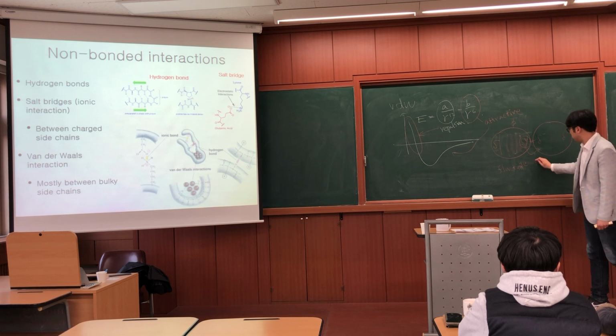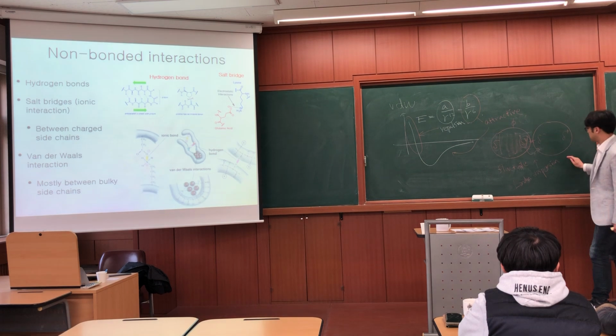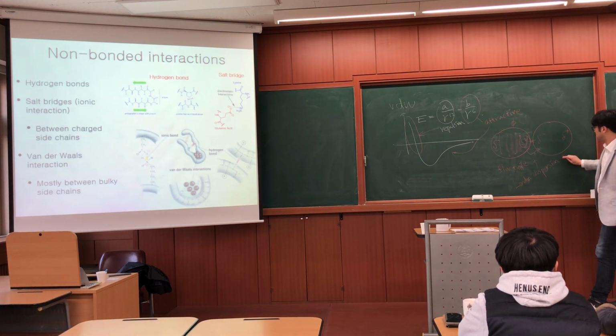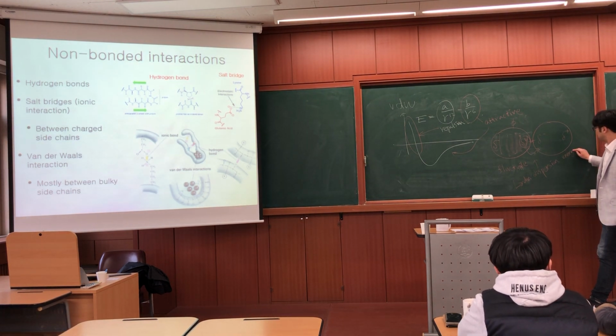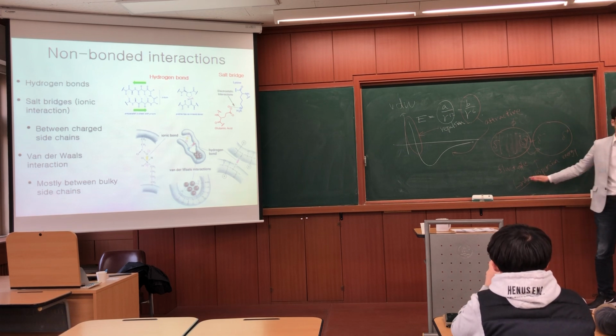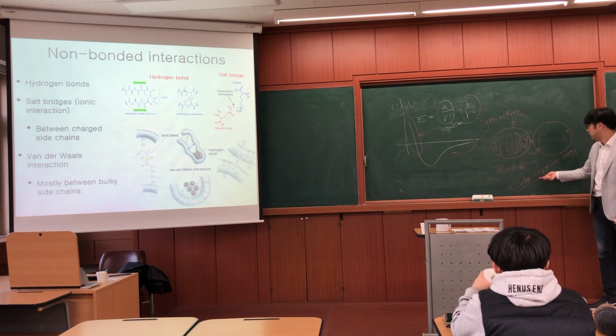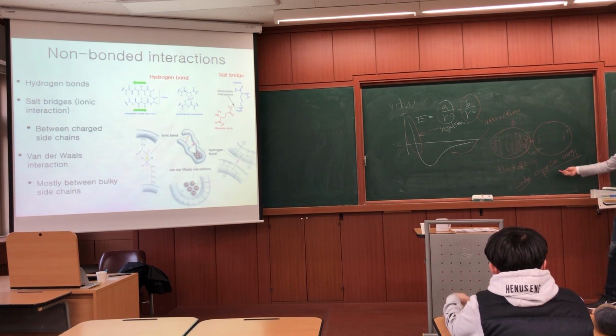So this is called dispersion interaction, or sometimes London dispersion energy or interaction. Here, London is the name of the scientist who first discovered this interaction, and this interaction is called the dispersion energy.